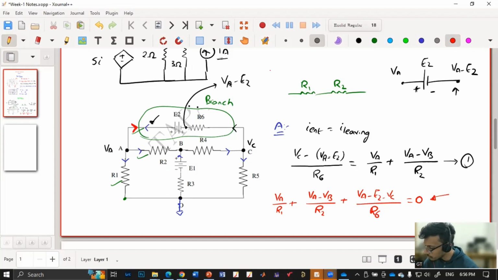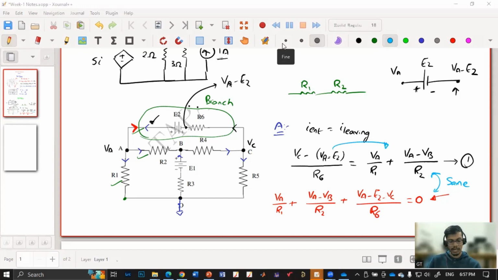Yes. So now if you check, these two are the same. If you clearly check, these two are the same. Because if I bring this VA minus E2 minus VC to the right hand side, you will get this equation.